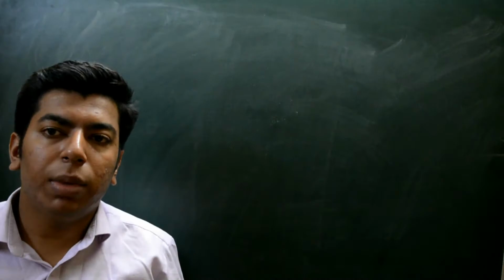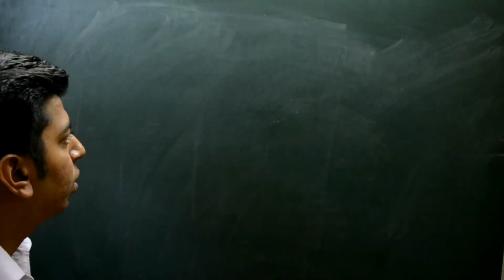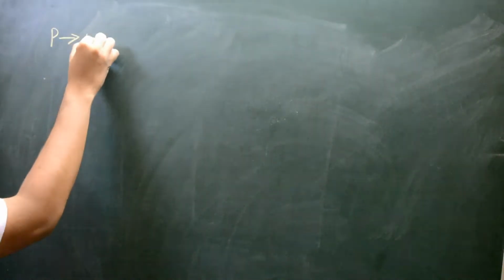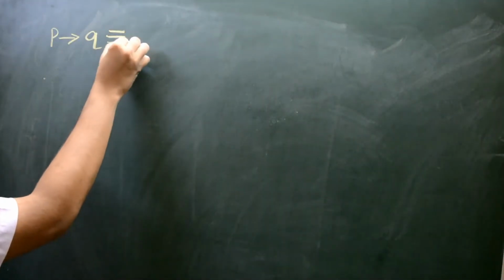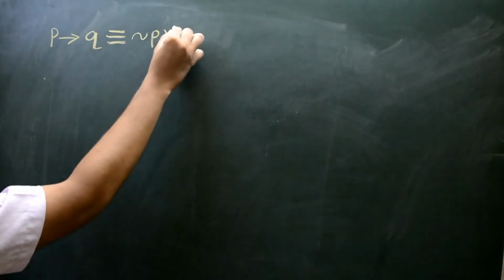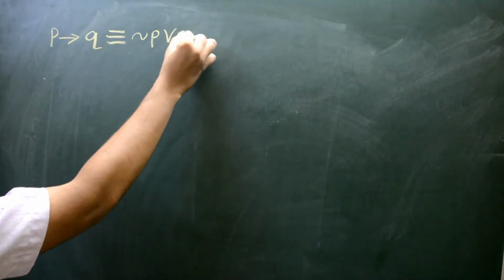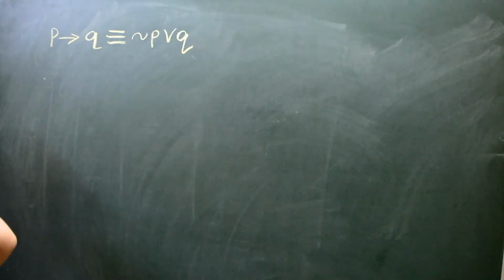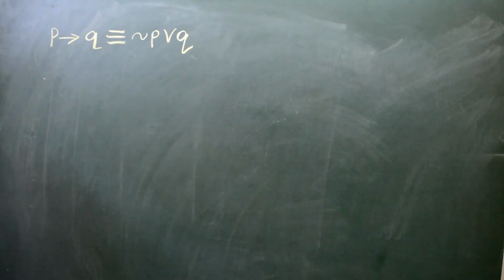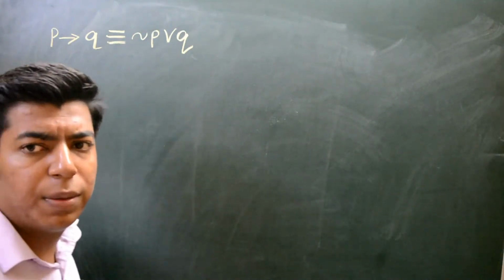Now the question may be like this also. You are given the statement that P implies Q is equivalent to negation P disjunction with Q, and you have to prove that this statement is correct. So how can you prove it?